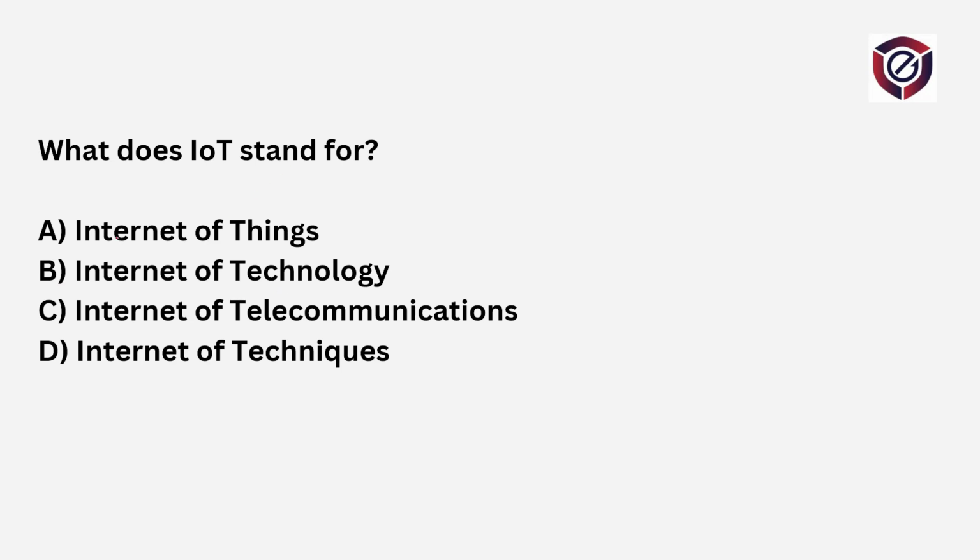In general, IoT stands for Internet of Things, and it relates to the internet as well as aspects related to embedded hardware as well as software. That's why it is called Internet of Things. So the correct option is option A. Don't get confused with technology, telecommunication, or techniques in the other options.